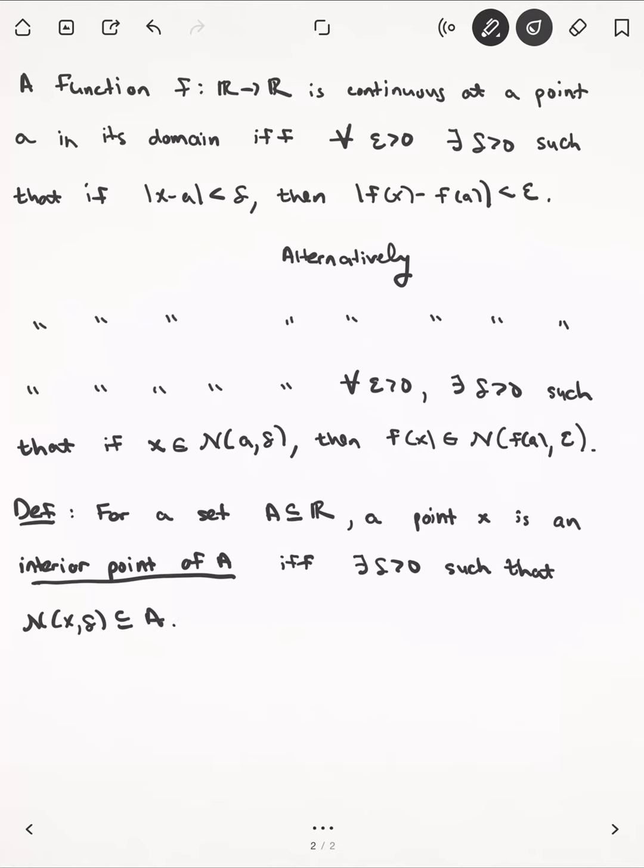So we say a point of a set is an interior point to that set if you can find some radius such that that neighborhood is still contained within the set.